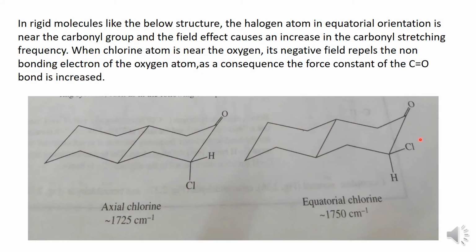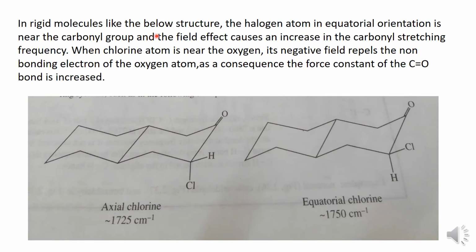This is the case of rigid molecules. In rigid molecules, the neighboring halogen atom is axial chlorine in this case, and here it is equatorial chlorine. Equatorial chlorine is closer to the carbonyl oxygen and axial chlorine is far away from the carbonyl oxygen. So the group frequency is less than that of equatorial chlorine.